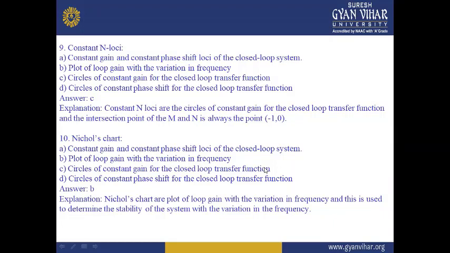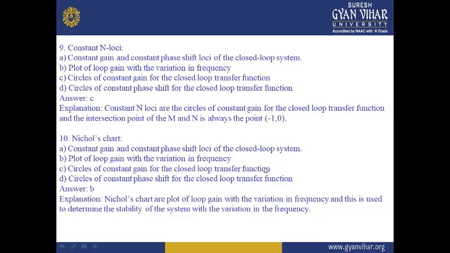Now the last question is, in the Nichols chart, the constant gain and the constant phase shift loci of the closed loop system, these are the plots of the loop gain with the variation in the frequency. These are the circles of the constant gain for the closed loop transfer function, or these are the circles of the constant phase shift for the closed loop transfer functions.